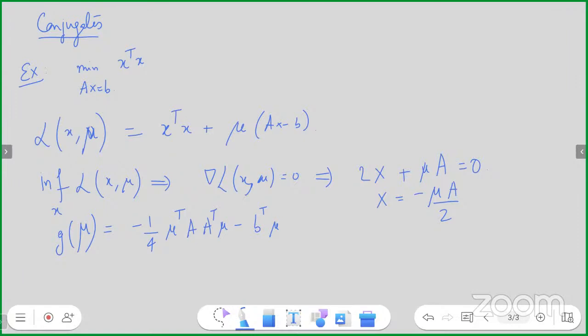Sorry? The infimum of the convex function is unique. Okay.